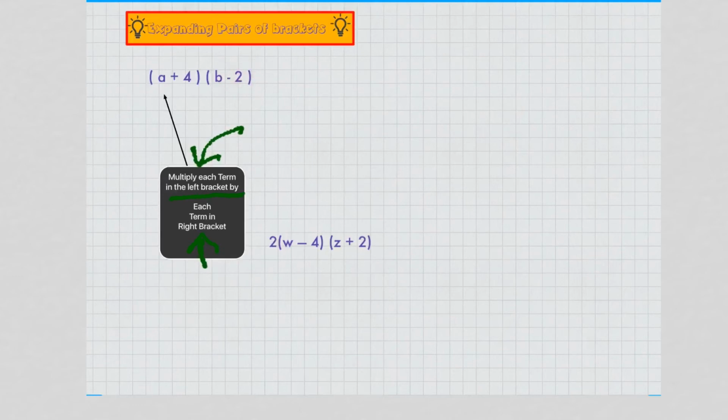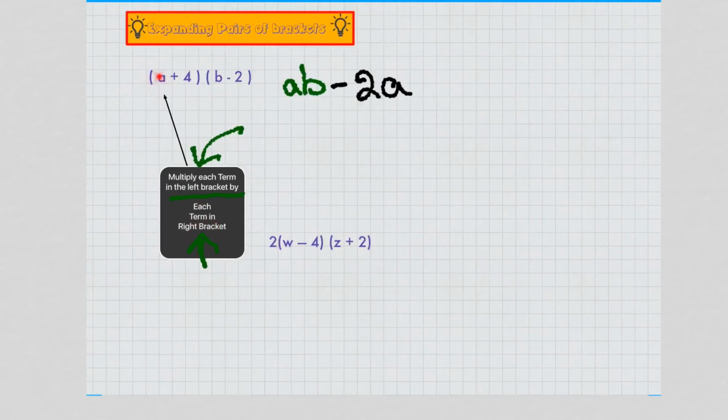So let's do it. First, I'm gonna times a with b, which is ab, and then I'm gonna times a with minus 2, which is minus 2a. So I have multiplied the first term in the left bracket with each term in the right bracket.